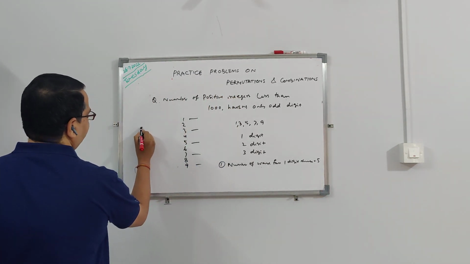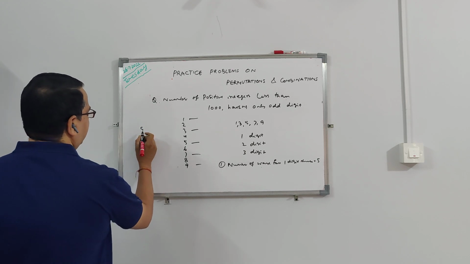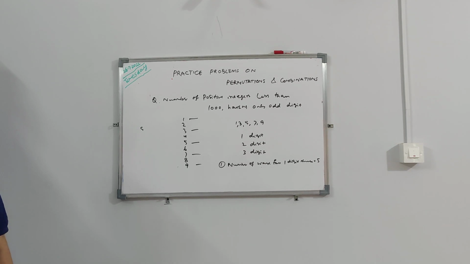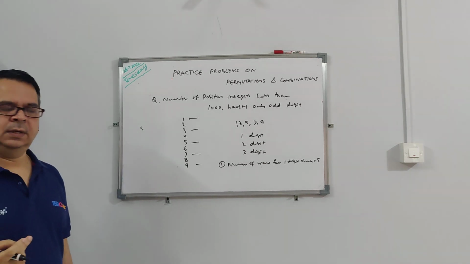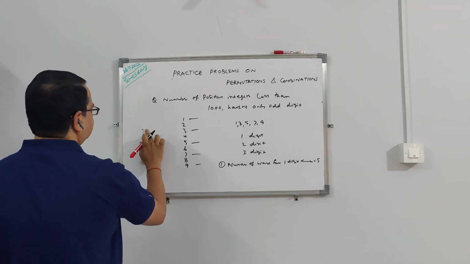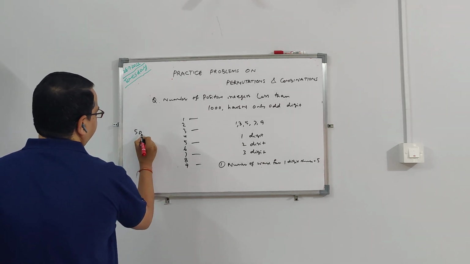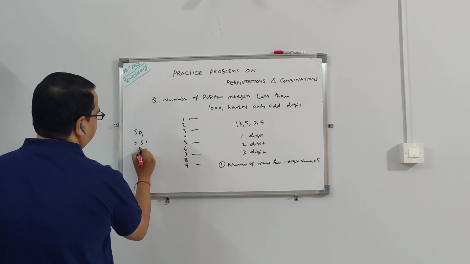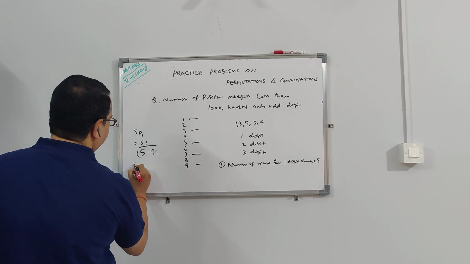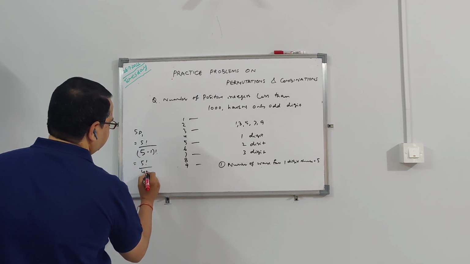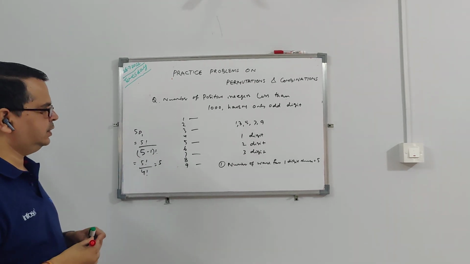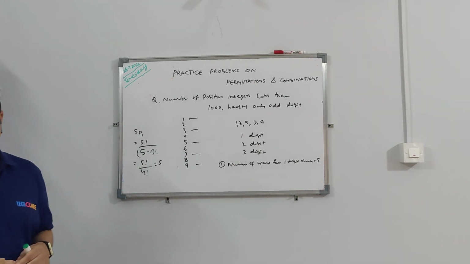Because I have five numbers and I am taking one at a time. So this is a permutation, 5P1. 5 factorial by 5 minus 1 factorial, which is 5 factorial by 4 factorial, which is equal to 5. So the number of one digit numbers is 5.